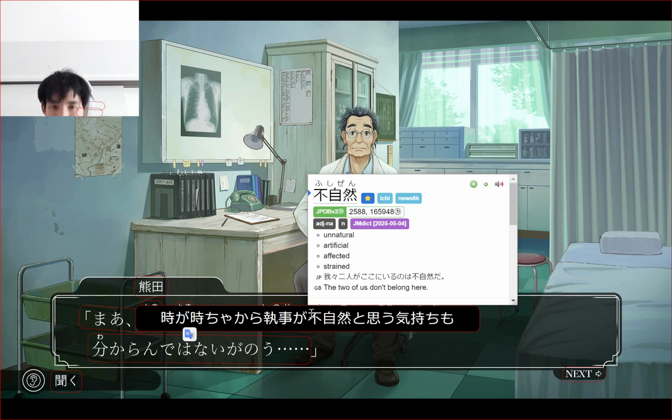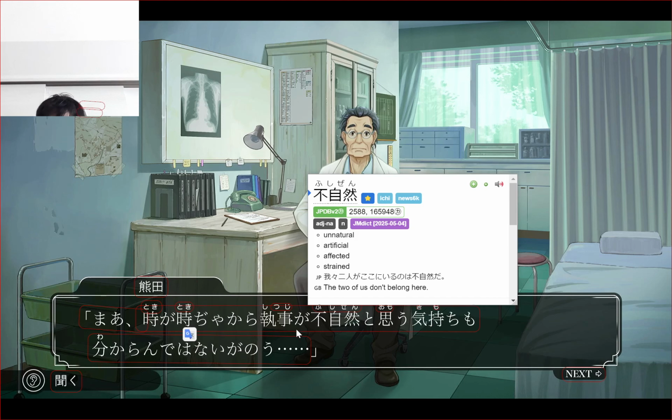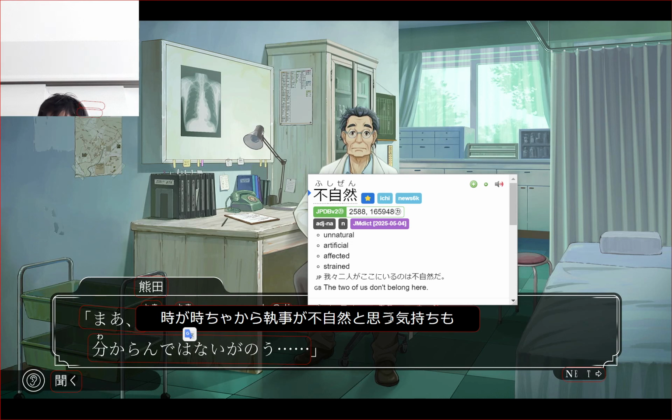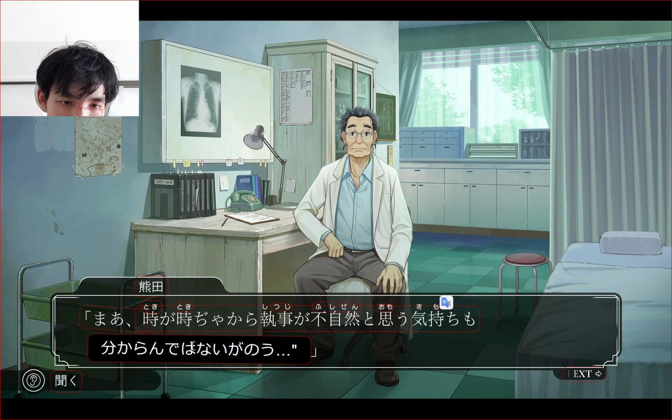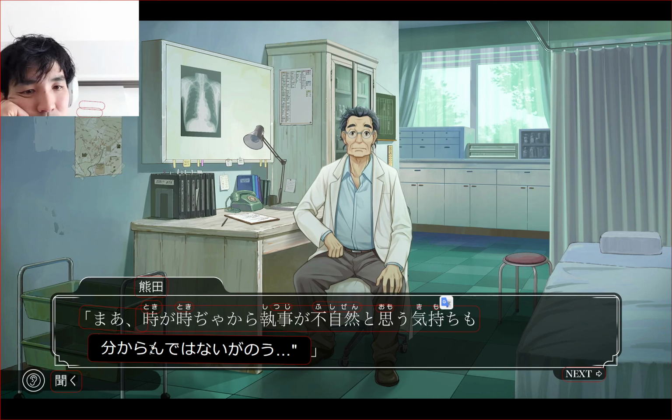The butler, ga is the subject here. 不自然と思う気持ち. So the butler was thinking that it was unnatural. And he wasn't just thinking of it, he had the feeling of thinking about it. That's kimochi over here. もわからんではないがの. I think he's saying, but I don't know.